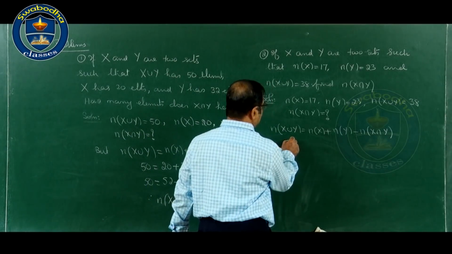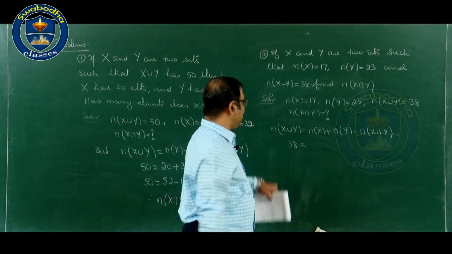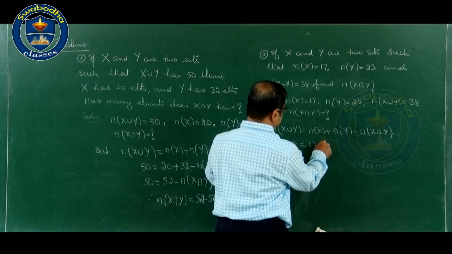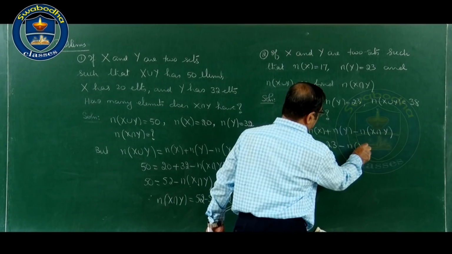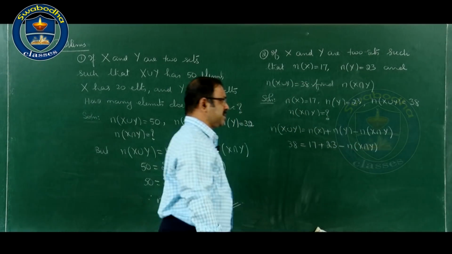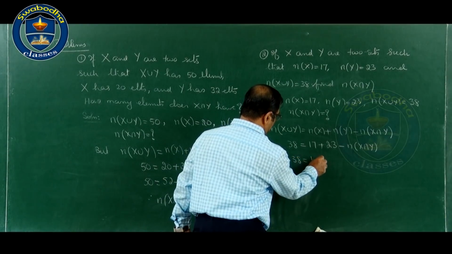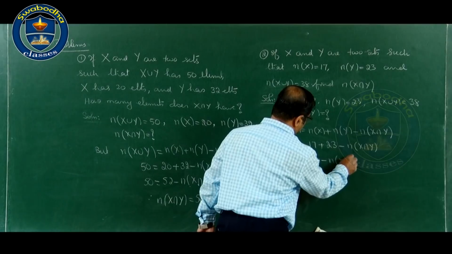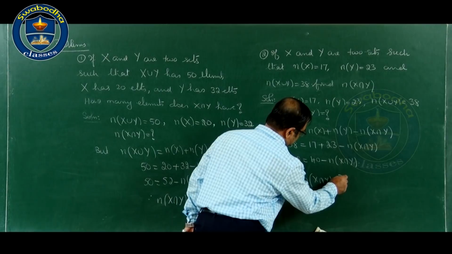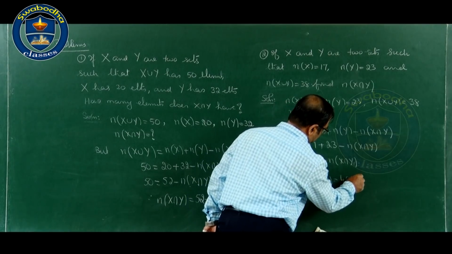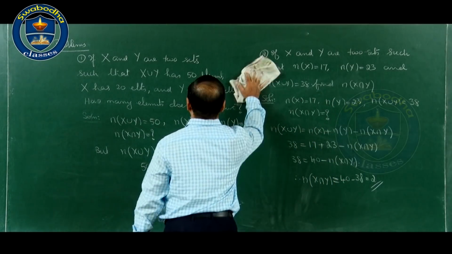Now, substitute n of x union y 38. N of x is 17. N of y is 23. Now, this is 38, 40 minus x intersection y. Therefore, n of x intersection y is 40 minus 38, that is equal to 2.